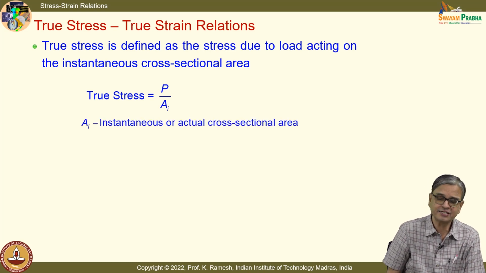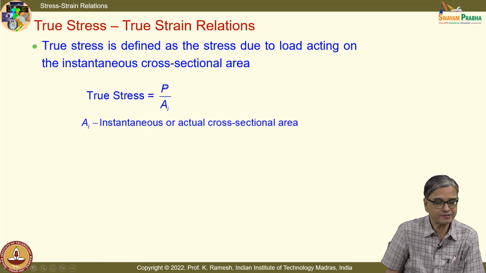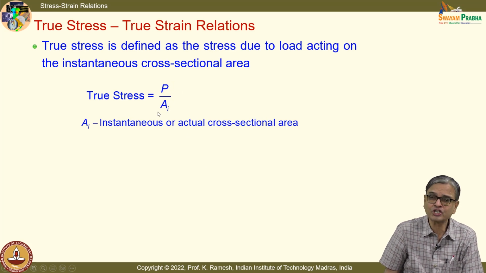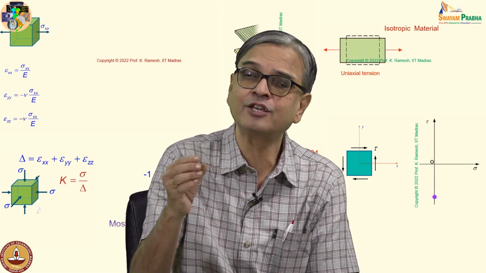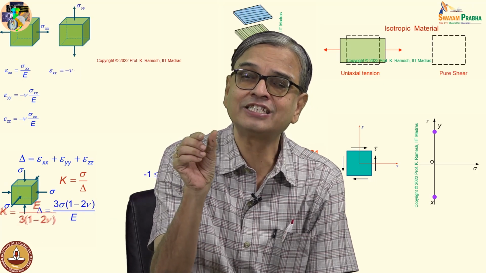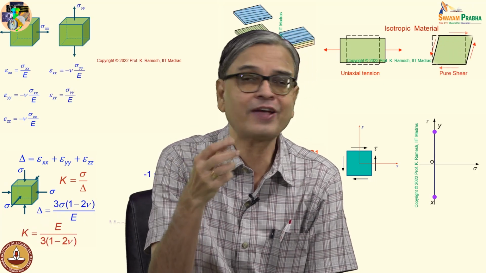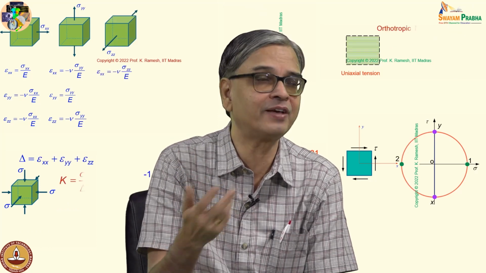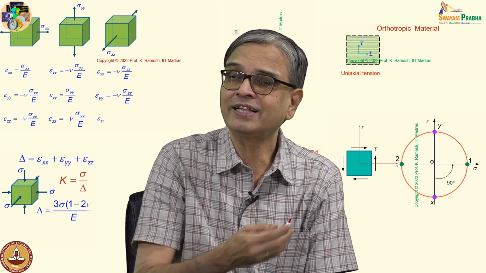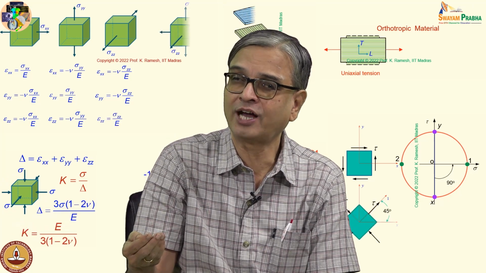The definition is, we have said P by A. You improve the definition of cross section A as the instantaneous or actual cross-sectional area. This becomes important when the material starts necking. When the material starts necking, you visibly see a change in the cross section. But if you hang on to your original cross-sectional area, you are not going to make any headway. That is why the graph was going down.